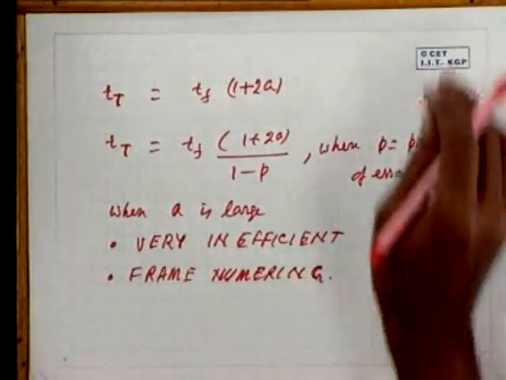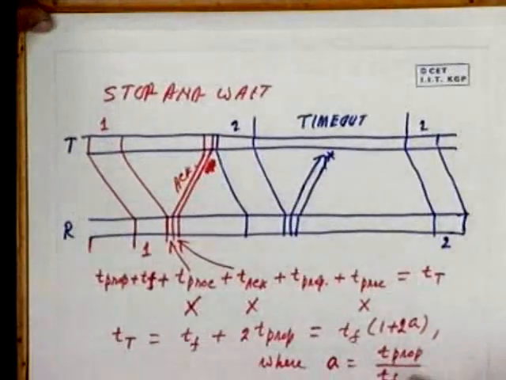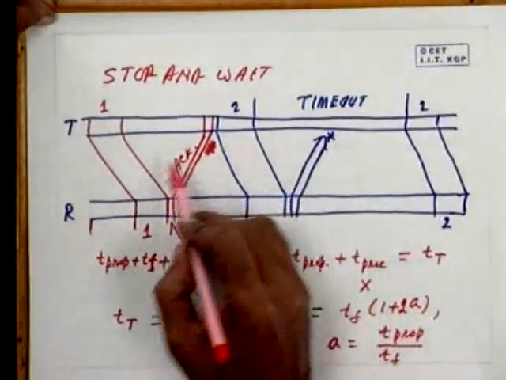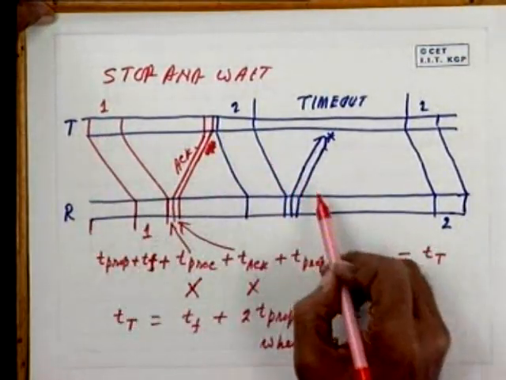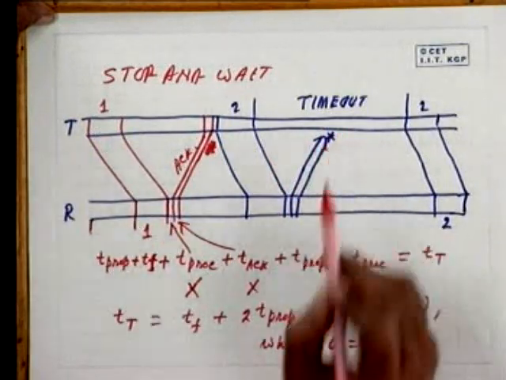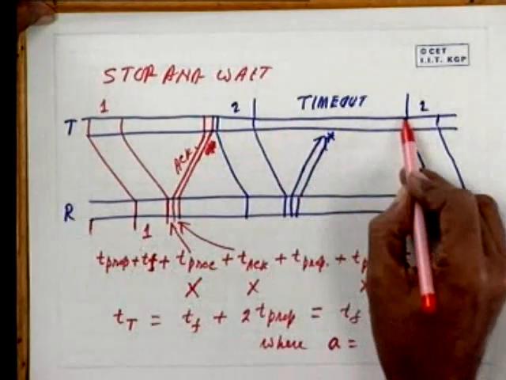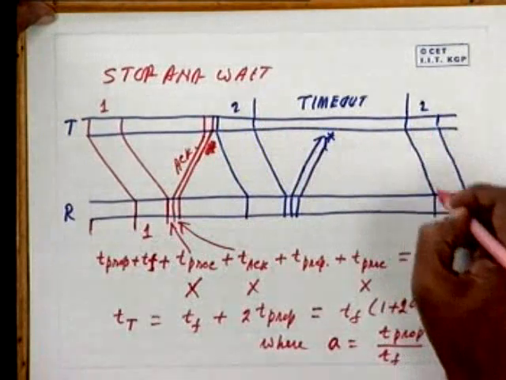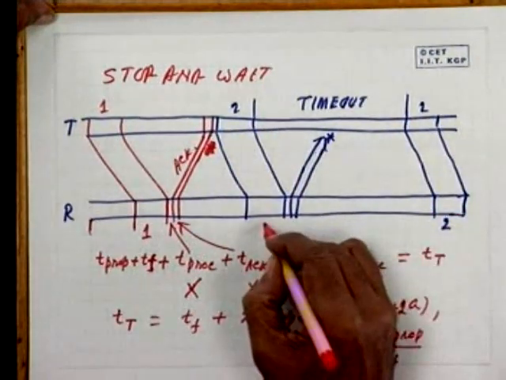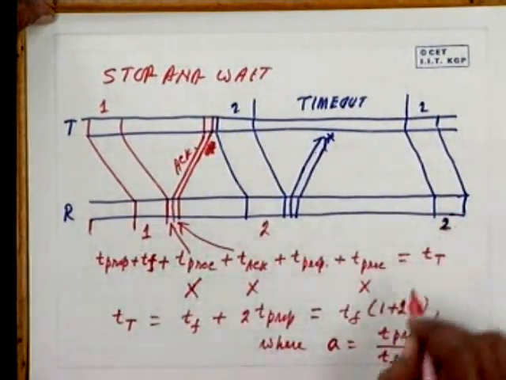How the frames will be numbered. We have seen here, let's assume in this situation, after timeout, frame 2 has been sent once again. This is frame 2 and this is also frame 2.